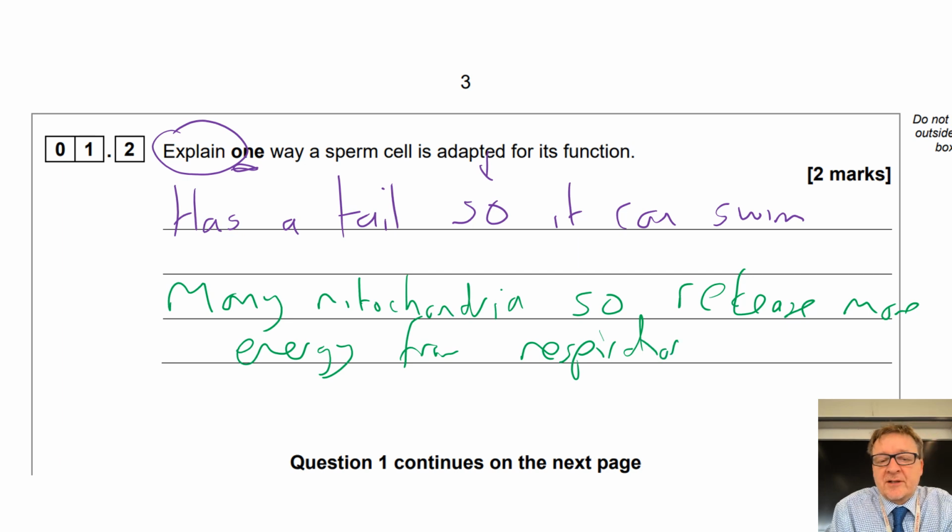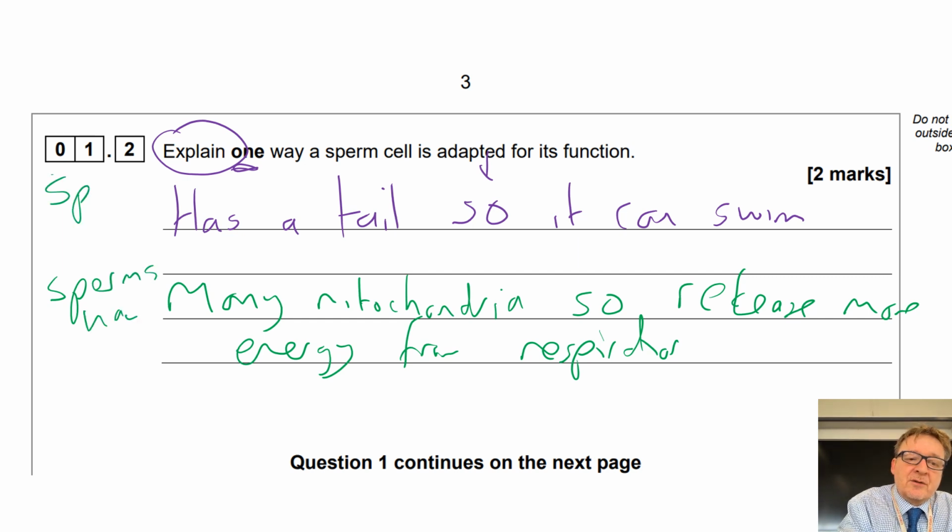One other little thing that may well help here is, with many mitochondria, it would be good to write in there "sperms have". You're making it as obvious as possible what the answer to the question may well be. There are other answers. For example, a sperm is streamlined so it can swim faster.